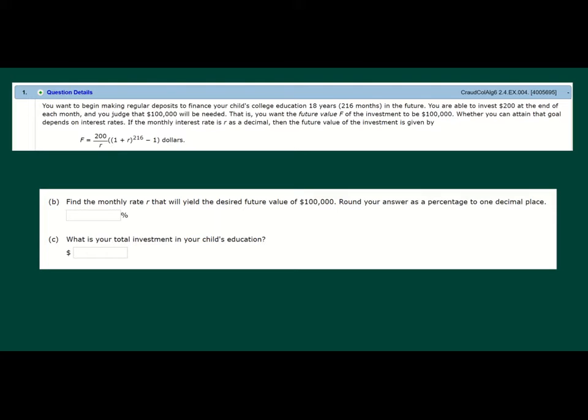So in this problem, we have a couple of different variables that we should talk about. We have F, which represents a future value, right? So this is how much our money will be in the future based on how much the interest rate is. They've given us the formula that calculates exactly what the future value of our money is going to be.